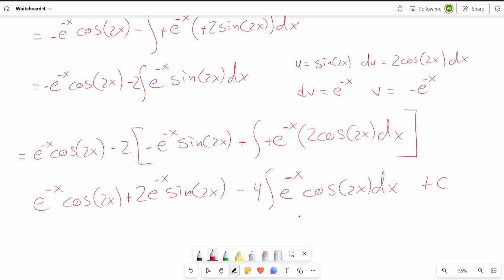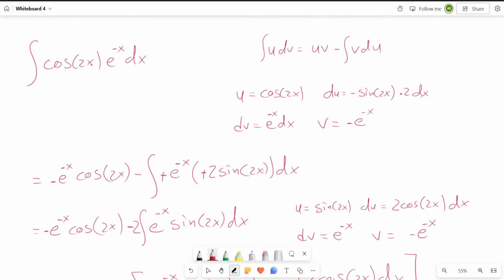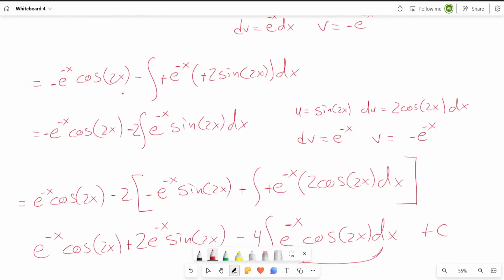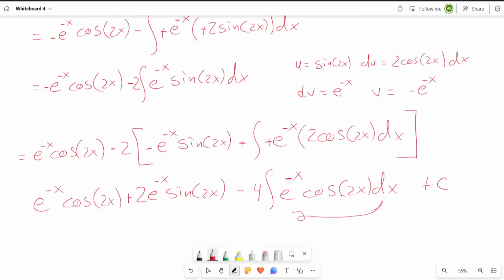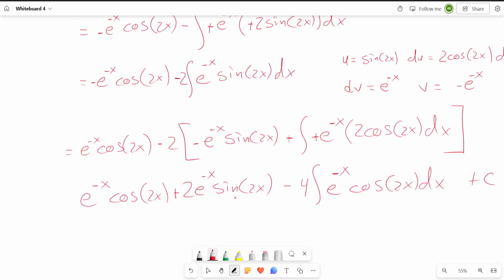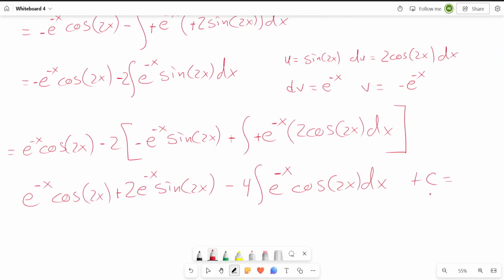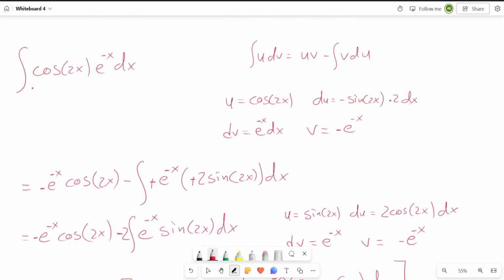So again, I will find that this part is very similar to the first integration that I started with. Integration of cosine 2x times e to the power of negative x. So what I can do here is, I know that this whole thing is equal to the integration of this part.